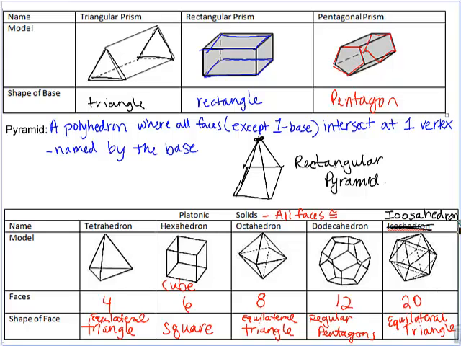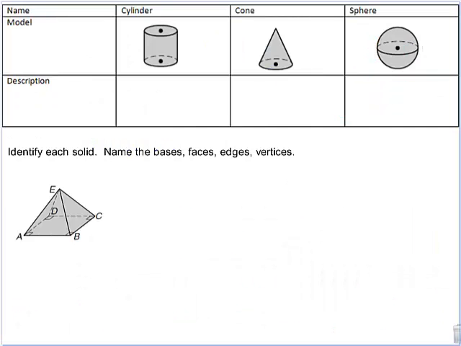All right, and then we also have a few other special types of shapes which are based off of our circles. So based off of our circles, we can have a cylinder. A cylinder, if you notice, has 2 parallel bases, and they are circles.